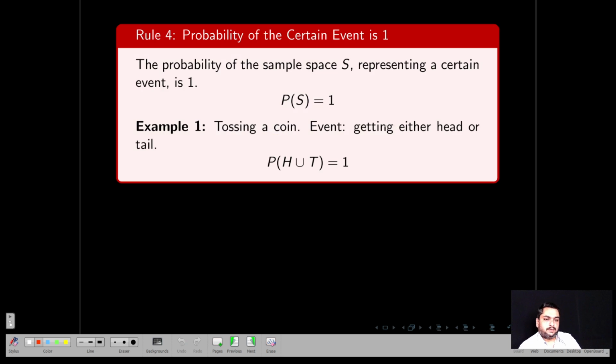The probability of a certain event is 1. That means if all the events of the sample space are asked, then a certain event is going to happen. For example, tossing a coin, getting either head or tail. See, there are only two outcomes, both expected. Getting head is 1 by 2, getting tail is 1 by 2. So it's a certain event.